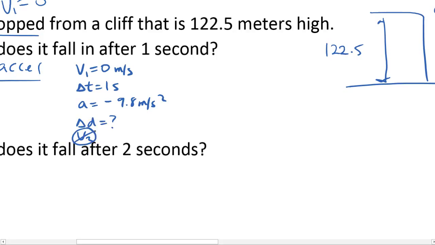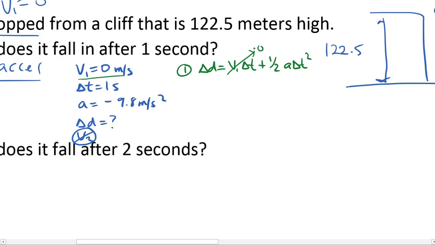So looking at your big 5 sheet, which equation does not have V2? The one that does not have V2 is the first one. So I'm looking at this, it says delta D is equal to V1 delta T plus 1/2 a delta T squared. Now since V1 is equal to 0, that means that this part is going to disappear.